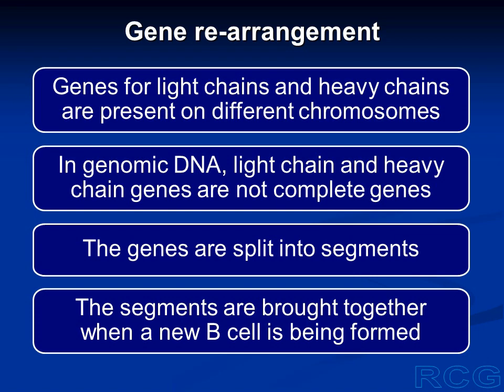Antibodies are synthesized by B lymphocytes or B cells. So when a new B cell is being formed, the segments are brought together to form the complete gene for a light chain and the complete gene for a heavy chain.